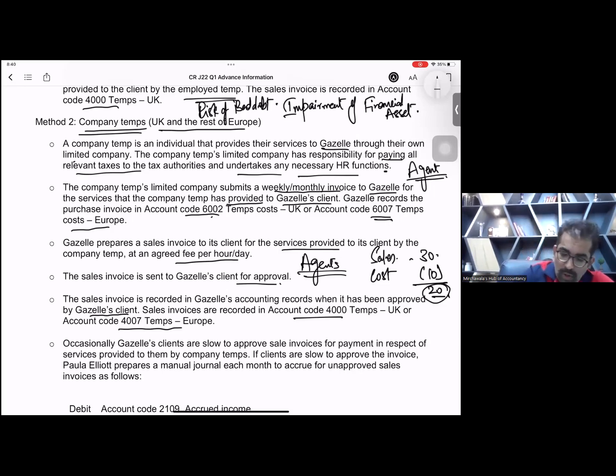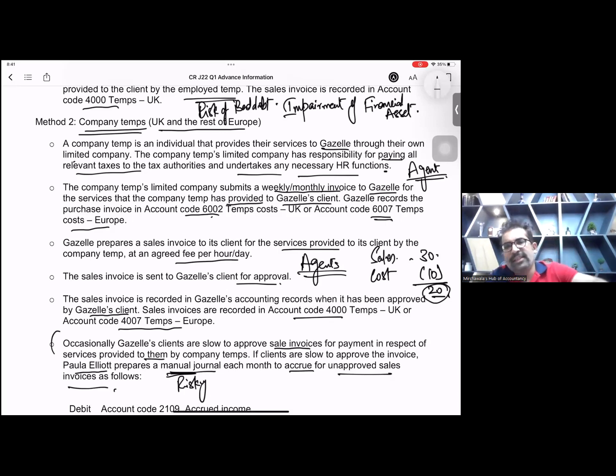Now, occasionally, Gazelle's clients are slow to approve sales invoices for payment in respect of services provided to them. Now, this is a risky thing. If clients are slow to approve the invoice, Paula prepares a manual entry each month to accrue for unapproved sales invoices. See, manual entries are also there. This is a risk.